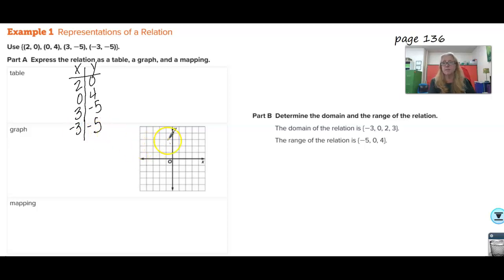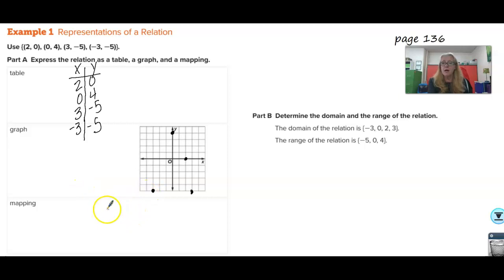We come down here and graph them. (2, 0). (0, 4). (3, -5). Hope you guys all remember how to graph. And (-3, -5).